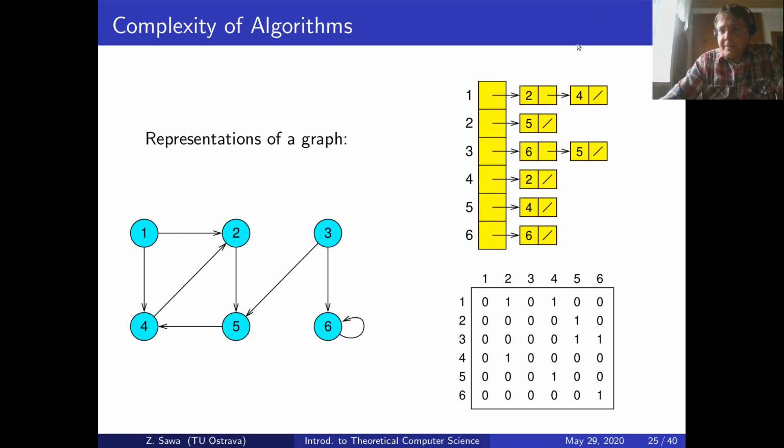This would take time linear with respect to the number of nodes. In the matrix representation, it would just take constant time. We would just look at the particular position in the matrix and immediately obtain information whether there is an edge or not.